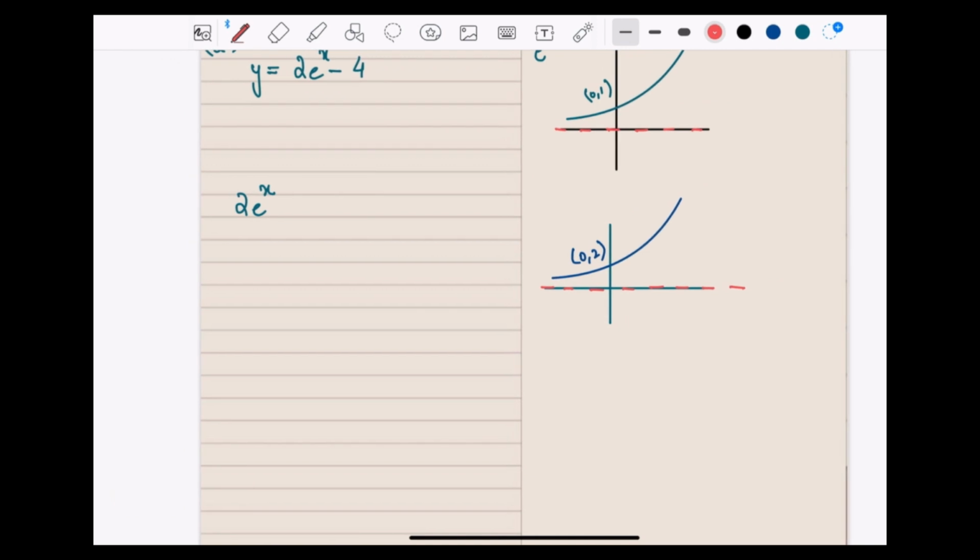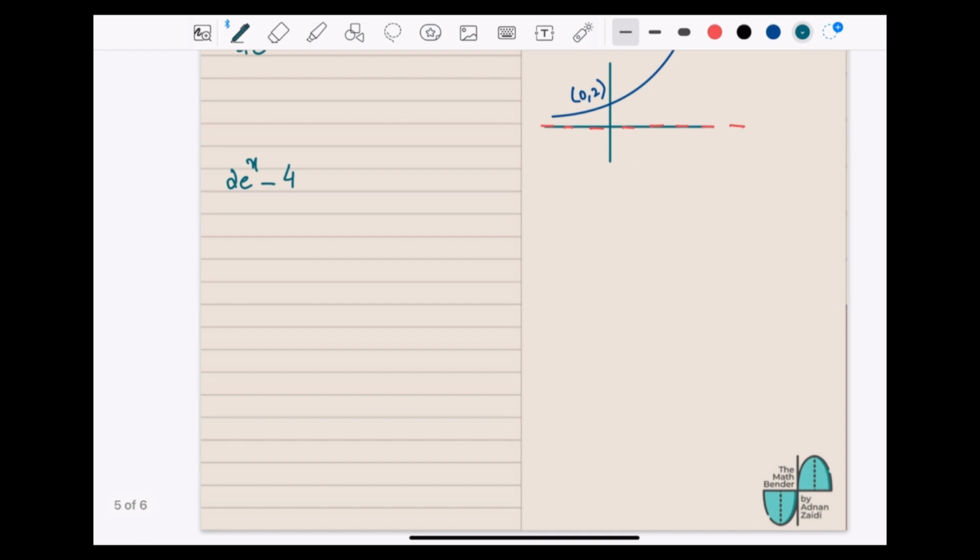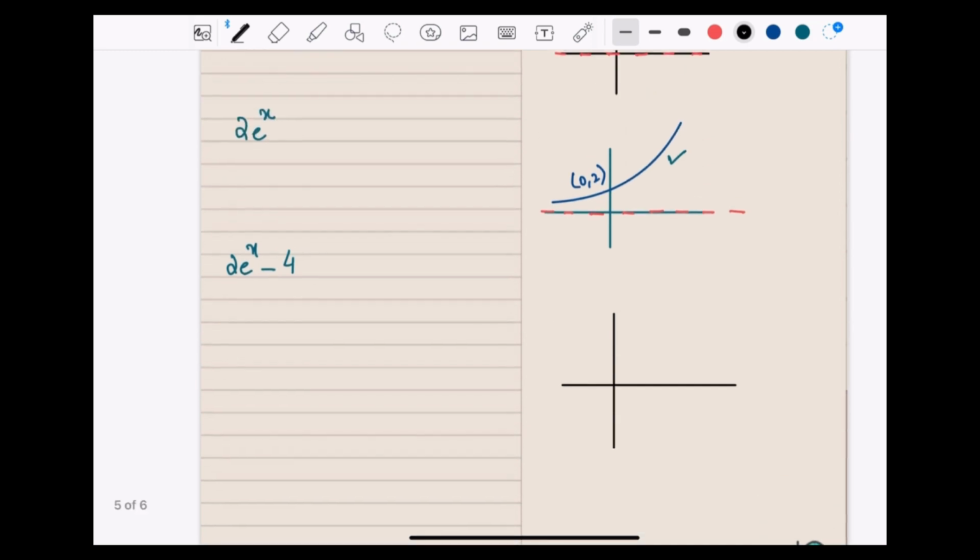Then if I add a negative 4 to it, this graph moves 4 units down.